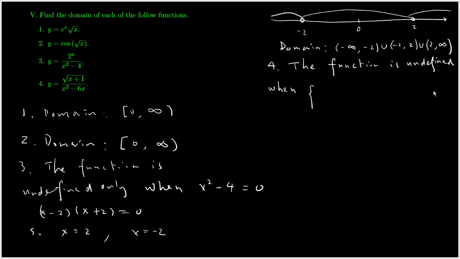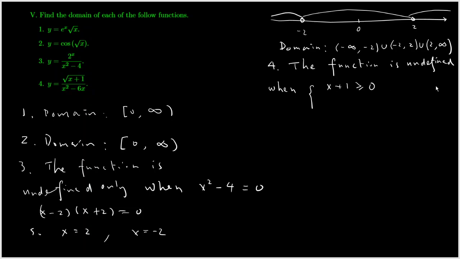Anything under the radical cannot be negative, which means x plus 1 is greater than or equal to 0. So that makes sense. And also you need to take care of one other thing. You need to take care of the denominator. The denominator cannot be 0. So we have two conditions, and they have to be both satisfied in order for the function to be defined.